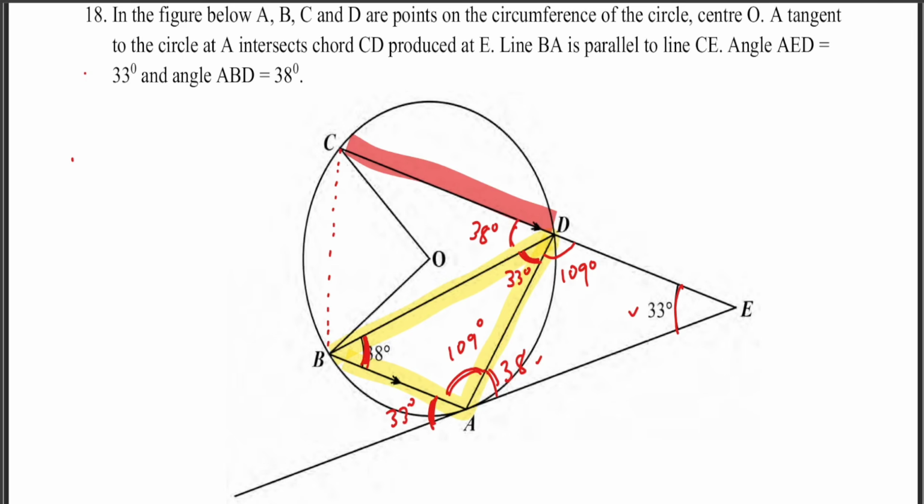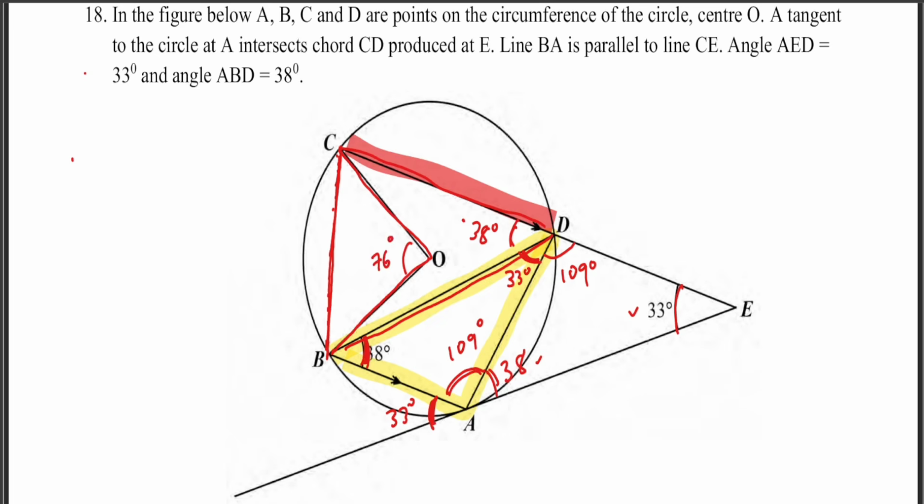Now we've forgotten something: there's another property that says the angle subtended at the center of the circle is twice the angle subtended at the circumference. That is, if this is 38, the angle here is 2 times the one above. So 38 times 2 gives you 76, if I'm not wrong.